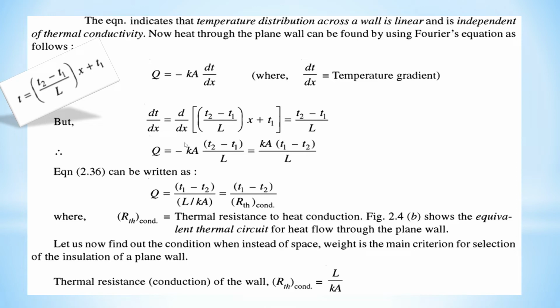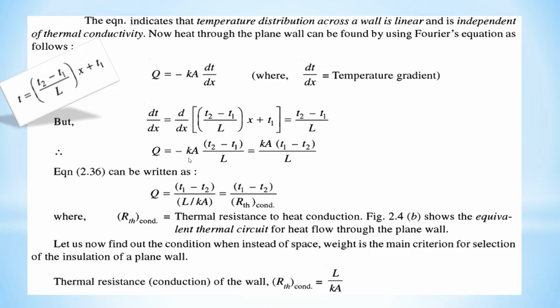So d by dx, differentiation of this term. Here you can see that the differentiation of x is 1 and this T1 is a constant term, so differentiation is 0. So we are getting dt by dx equal to T2 minus T1 divided by L. Put the value of dt by dx in the Fourier equation.